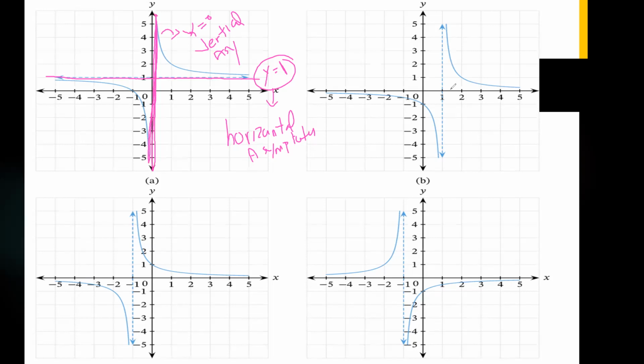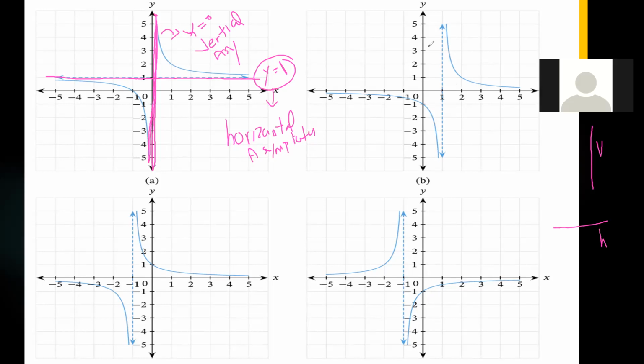Now look at B. Where is the vertical asymptote? This is vertical and this is horizontal. Where's the vertical asymptote?